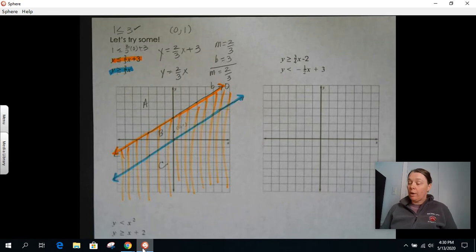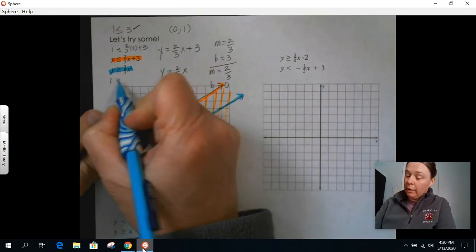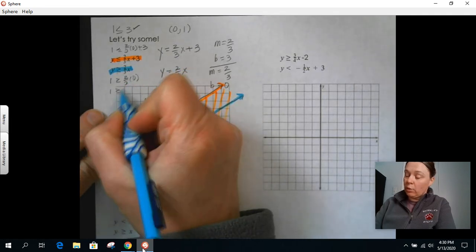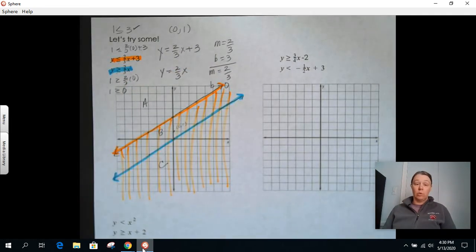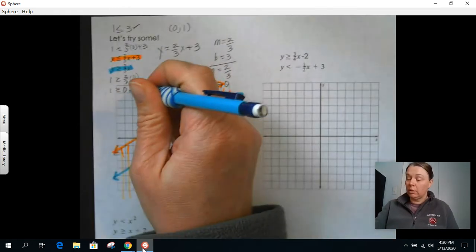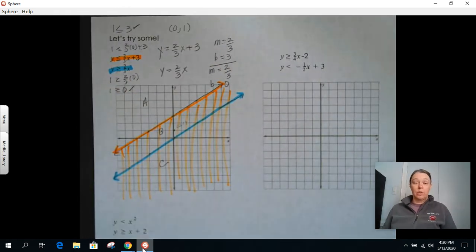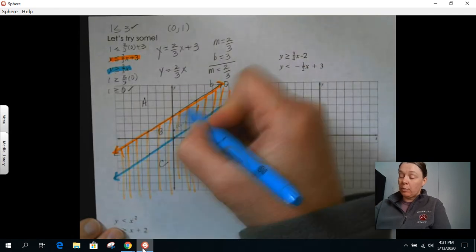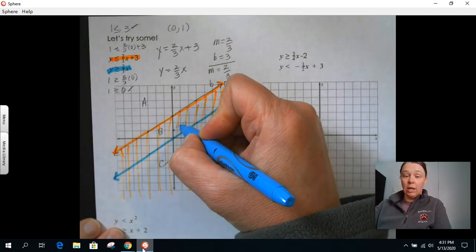All right, for my line B, if I plug in 1 for y and 0 for x, I get 1 is greater than or equal to 0. Is 1 greater than or equal to 0? It is. Okay, so that means that I'm going to shade on the side that contains the point 0, 1. Here's my blue line. Here's the point 0, 1. I want to shade on this side. So here's an example.